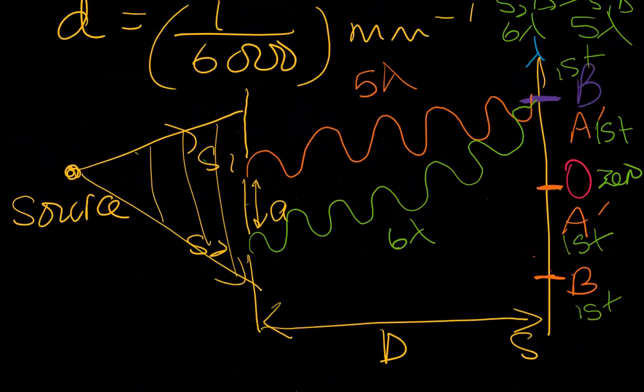Right. So here you are seeing that the separation, it's a different color. The separation here is 1 wavelength, right? And we're going to look at this triangle here. I'm going to let A be the hypotenuse, we let this be right angle, and we let theta be here, right?